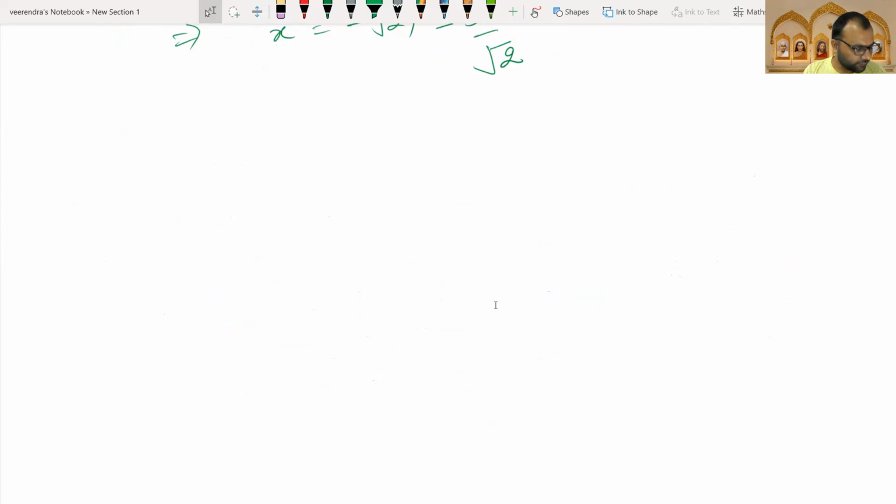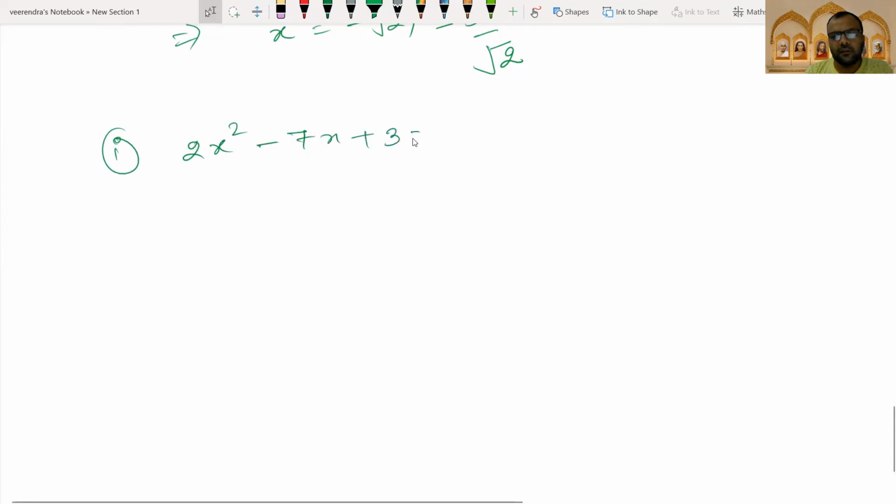Suppose we have an example: 2x square minus 7x plus 3 equals 0. And we have to solve it by the method of completing the square. So how will we solve these kinds of problems?